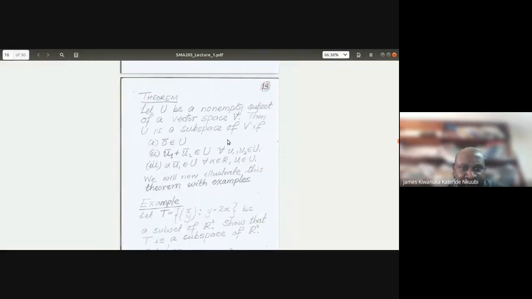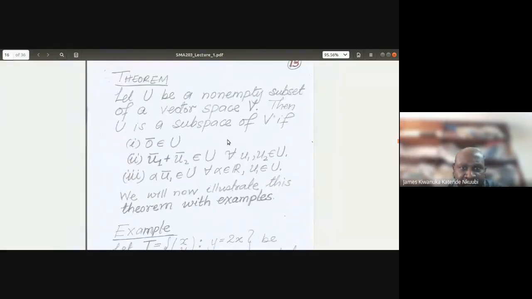So the theorem says the following. Let U be a non-empty subset of a vector space V. Then U will be a subspace of V if the following happens. The first property is that U should contain the zero vector.